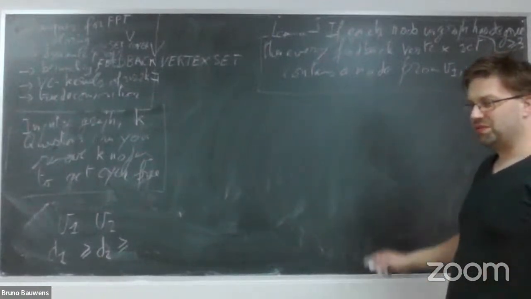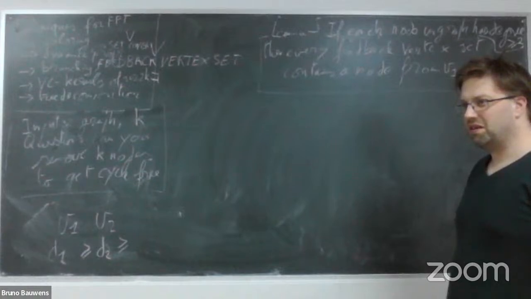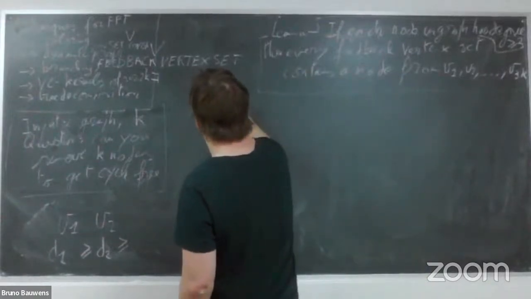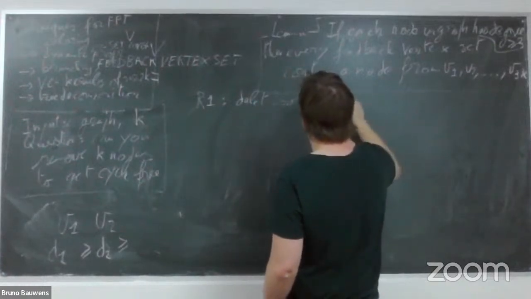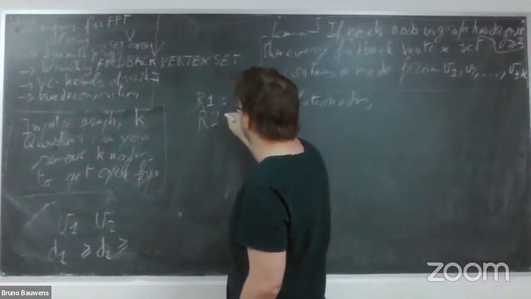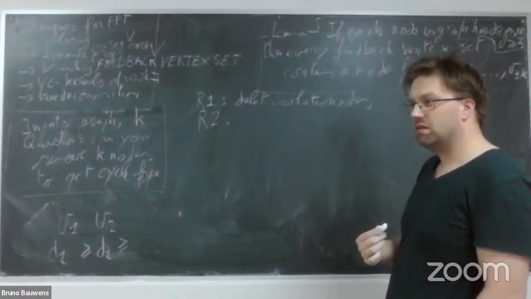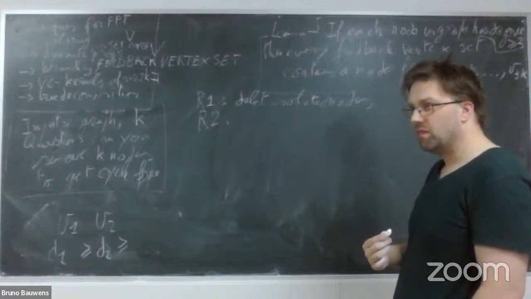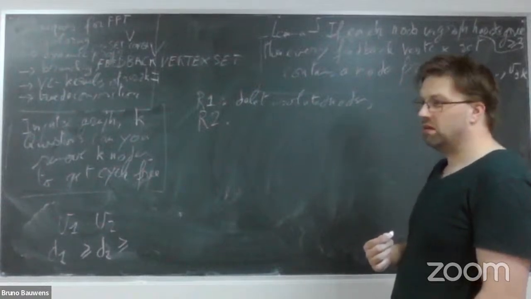So if the node has degree 0, we don't care about it, we just throw away the node. Reduction 1: delete isolated nodes. Reduction 2: when the degree of the node is 1 or 2, we take any of the edges connected to the node and just duplicate them.